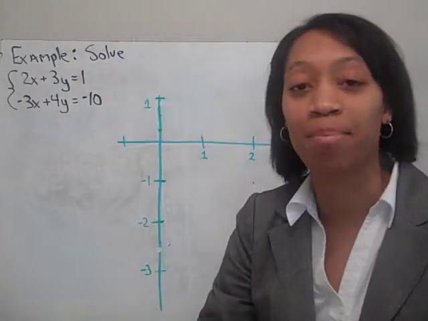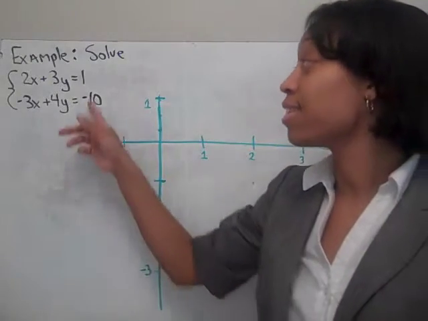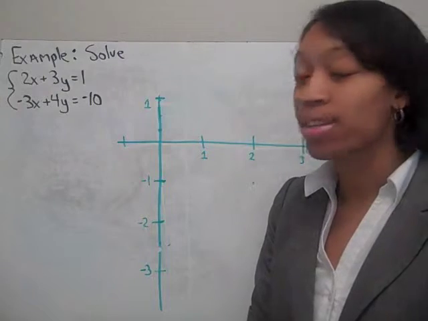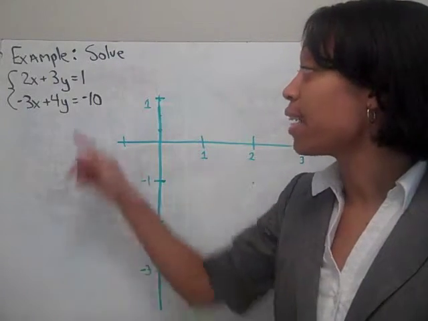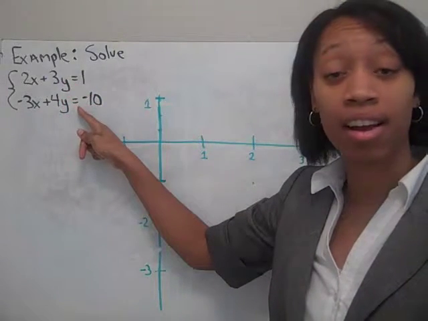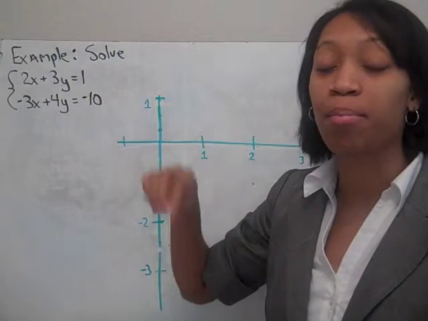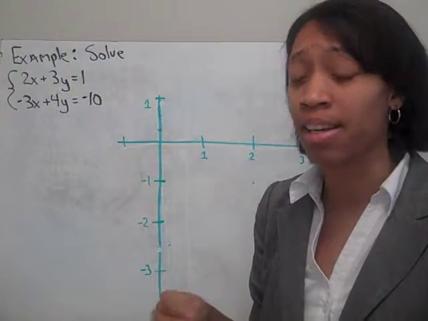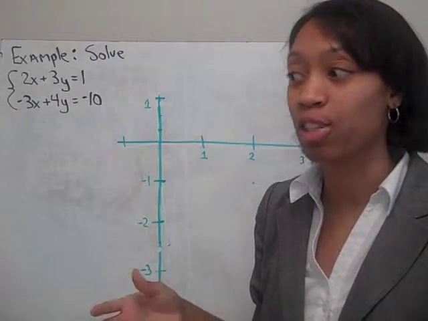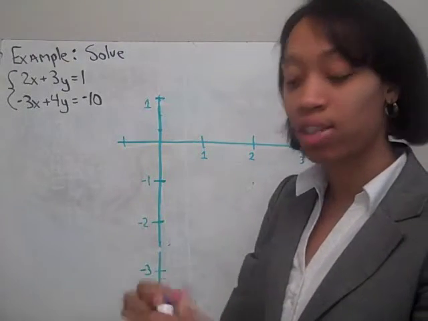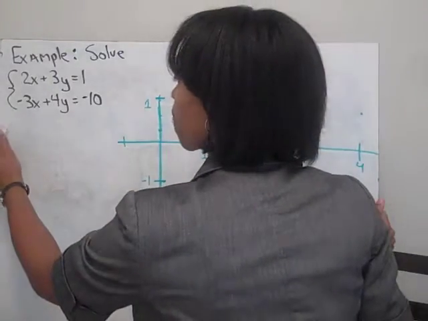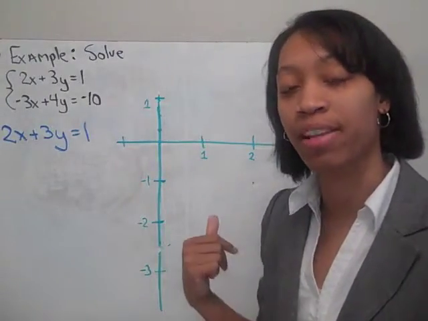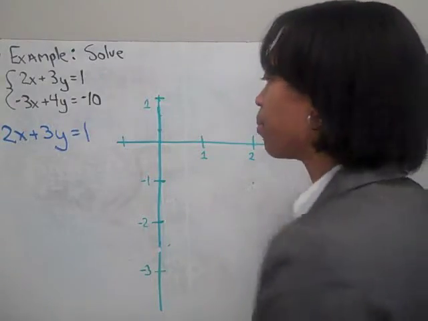In this example, we are asked to solve this system of equations. In order to solve, the first step is to take each of these equations separately and put it into the correct form. It needs to be in y equals mx plus b, slope-intercept form. So the first step is to solve for y. Let's do the first equation. First step to solve for y, subtract that 2x to the other side.